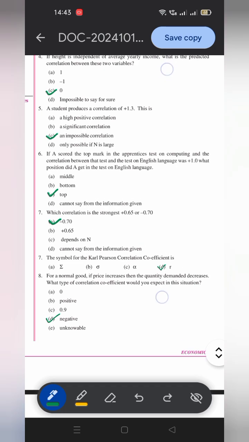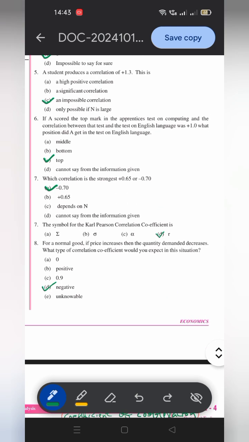A student produces a correlation of positive 1.3. This is answer C, an impossible correlation. Next, question 6.